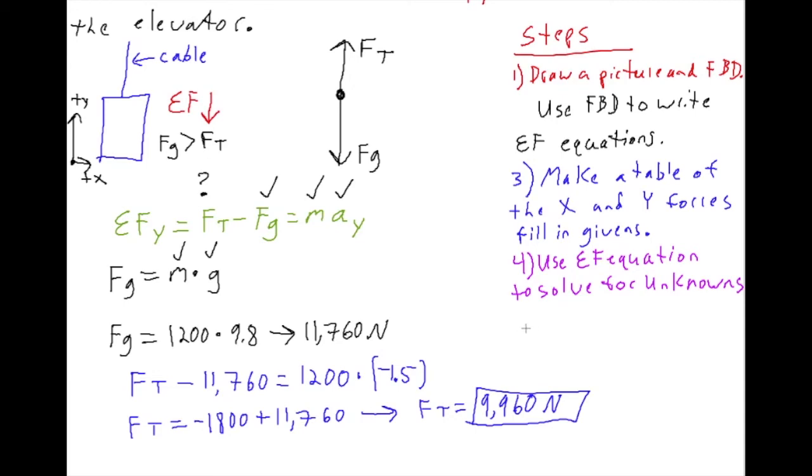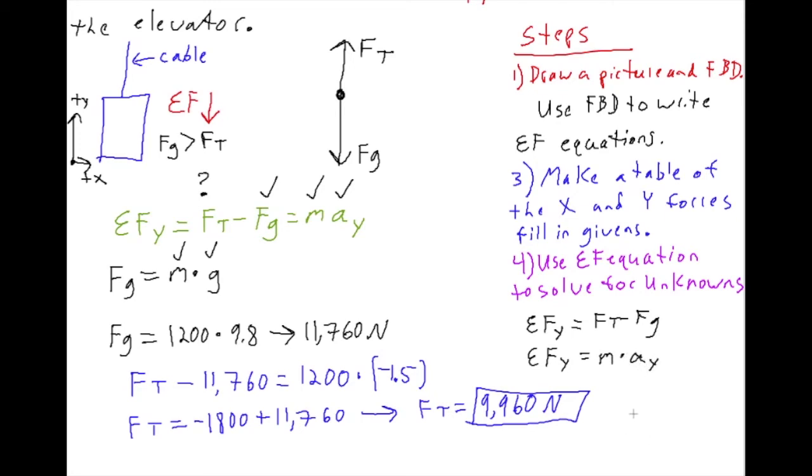But if I wanted to add a little bit to it and say, what is the net force on this elevator? Well, we could figure that out two ways. We could say net force in the y direction of the elevator is equal to force tension minus force gravity. Or I could figure out net force of the elevator just by taking mass times acceleration. Both of these will give me the same answer.